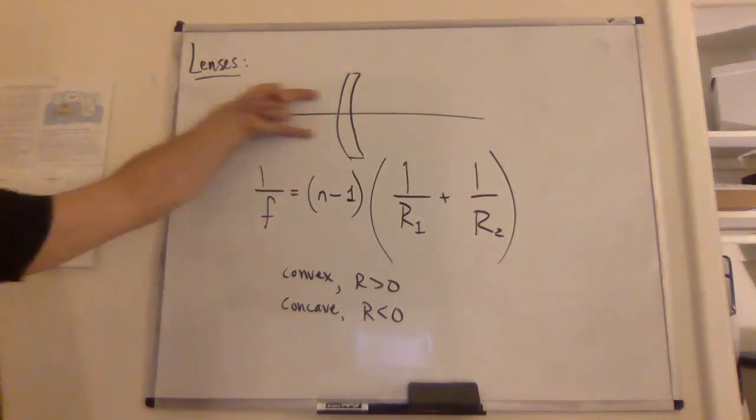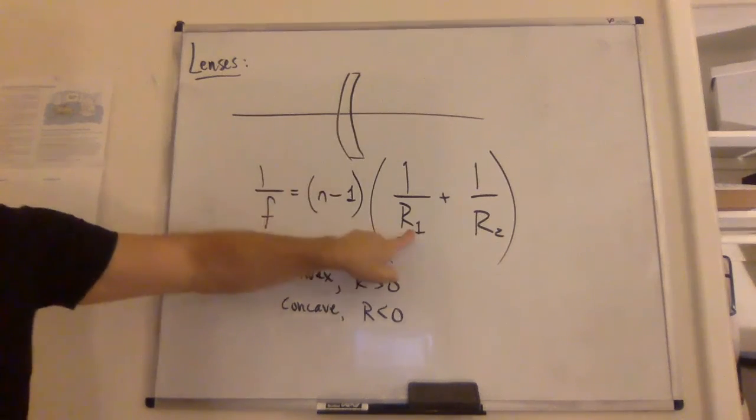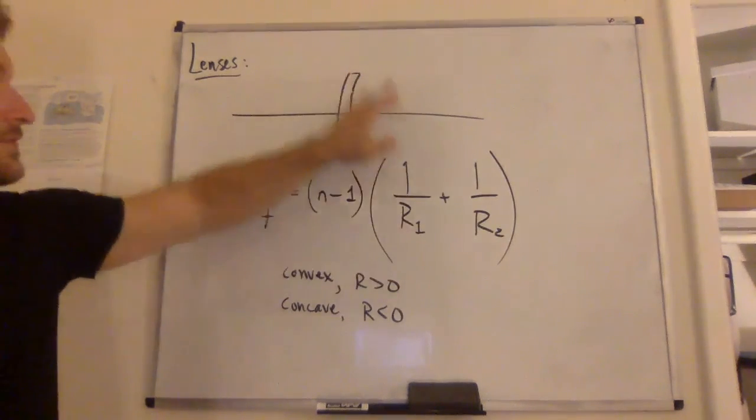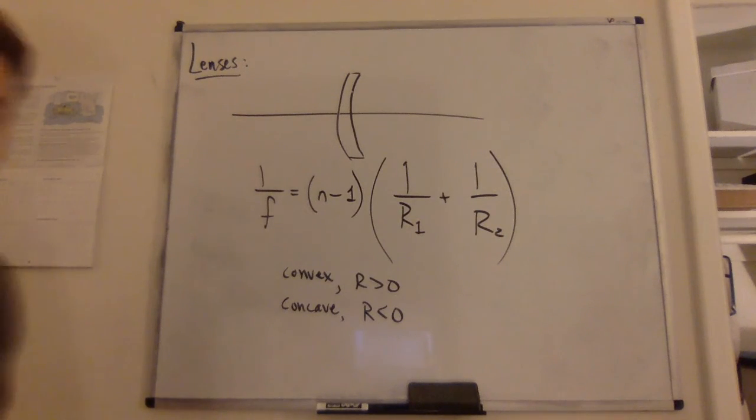We're coming from the object side. A convex surface uses a positive radius. A concave surface uses a negative radius.